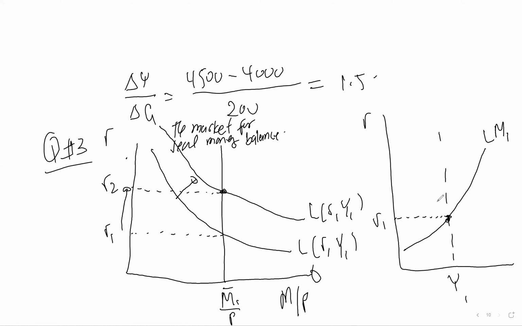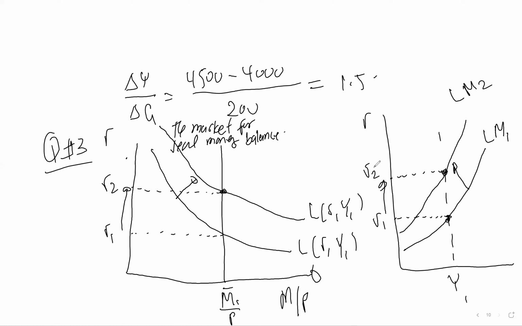And the LM curve will shift up as well, to a new level, LM2. At each value of income, such as the initial income, there is now a higher interest rate than before, because this is going up as well.